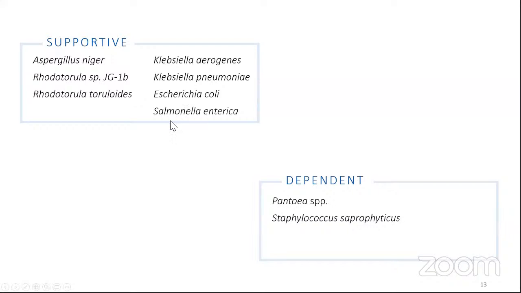Then we have Escherichia coli and Salmonella enterica. Among the dependent species, we observed that almost all of the Pantoea species were dependent with high MSI values, and we also saw that Staphylococcus saprophyticus was quite dependent as well.